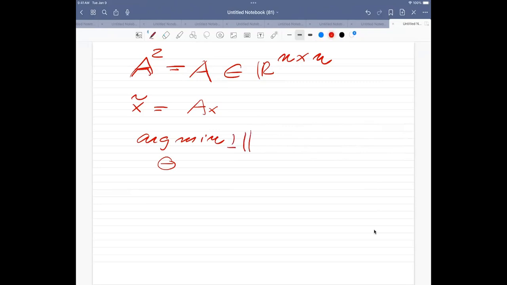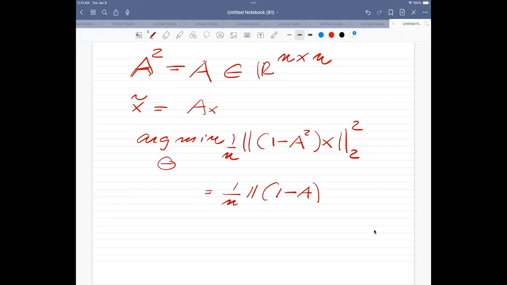So I'm going to write this as 1 over n, and then I have 1 minus this matrix A multiplied with x, and this is the norm 2 of a vector squared. So then I can keep this matrix vector notation. And this is nothing but 1 over n of 1 minus A times x in norm 2.